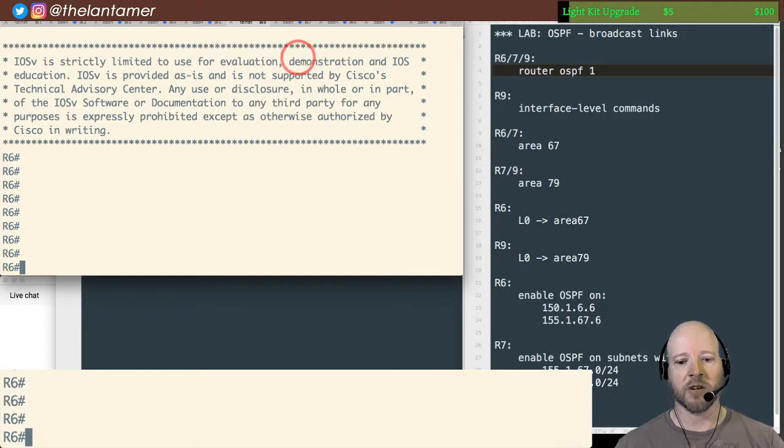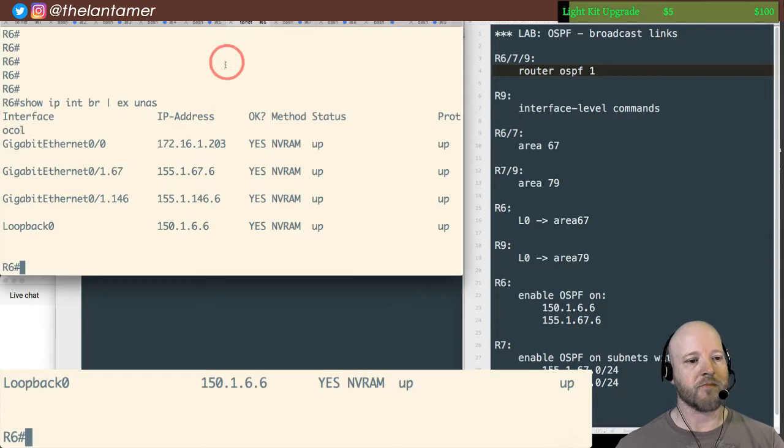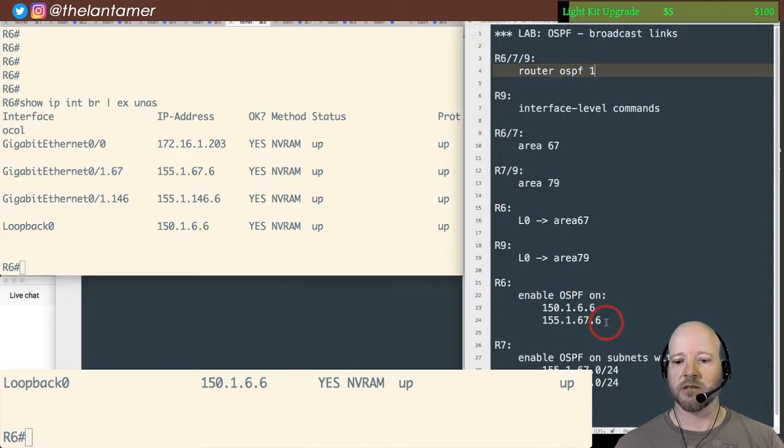We have to be careful about our network statement here, because if we do show IP interface brief, we don't want to include any networks that are not part of the scope in OSPF. We have to think of links. On this one, we have two different links in the 155.1/16 network, so we're going to have to be pretty specific here.